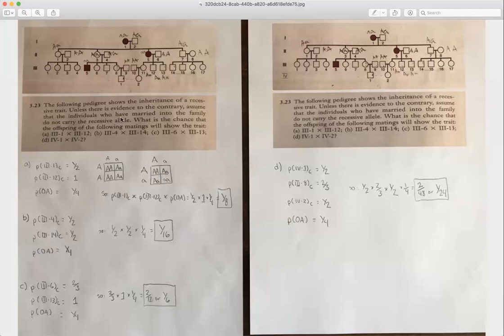But we also have information that that individual is not little a, because if it was, it would be filled in, and that individual would have the trait. And so that cell is not a possibility. So these other remaining 3 are the only possibilities. 2 of the 3 are carriers. So that means that the probability that 3,6 is a carrier is 2/3.